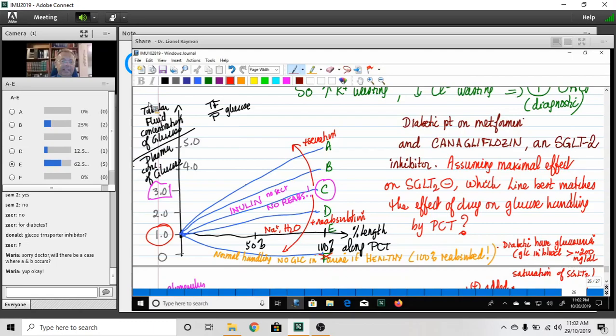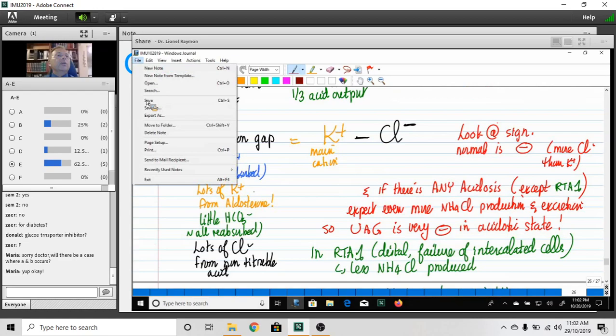For example, canagliflozin blocking the glucose transport, acetazolamide blocking the bicarb reabsorption, and we saw how they can correlate, of course, to issues with acid base, changes in other electrolytes. So ask me while I'm making this PDF so that you can have it as usual for yourself. Any questions?